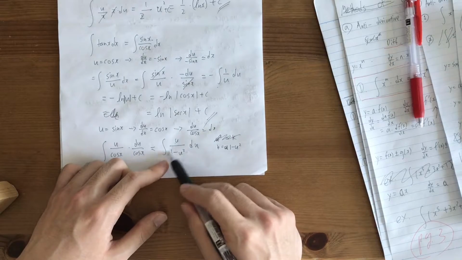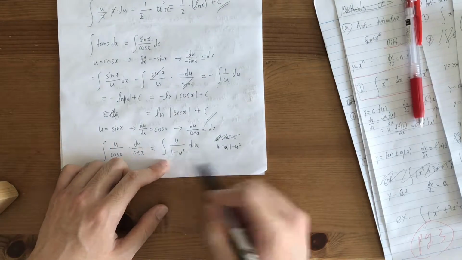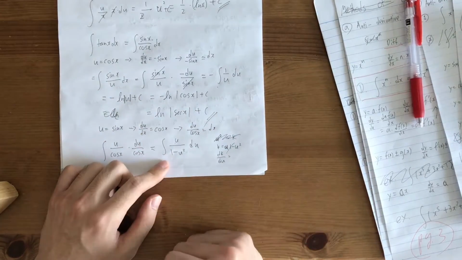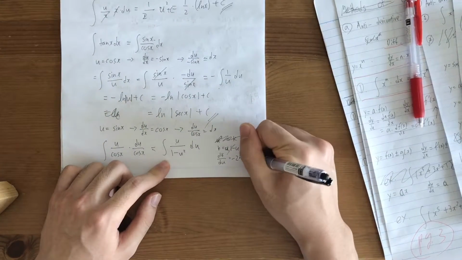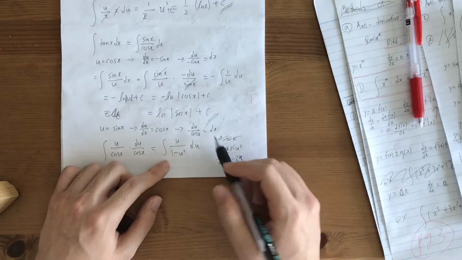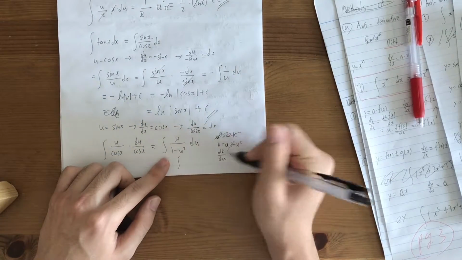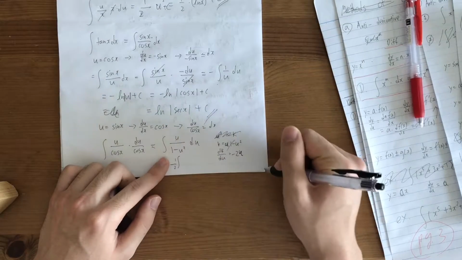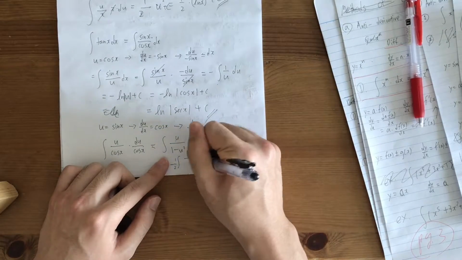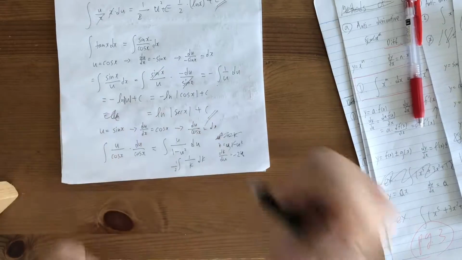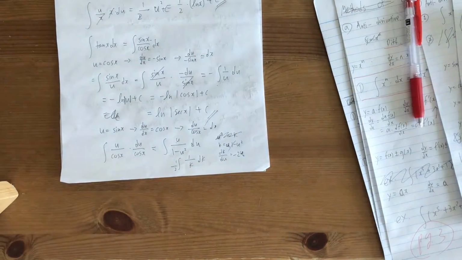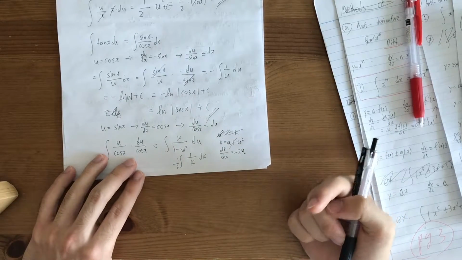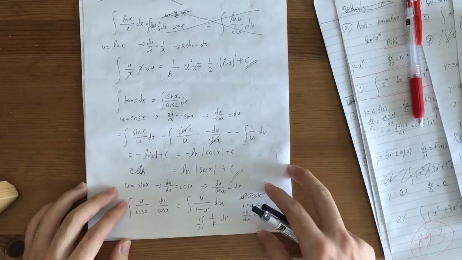Because even if the constant is included, if you differentiate it, it will just disappear and you'll have negative 2u, and then rearranging it, you'll have this, and it's exactly the same. You will have the same result, but again, it's a matter of efficiency and time consumption.